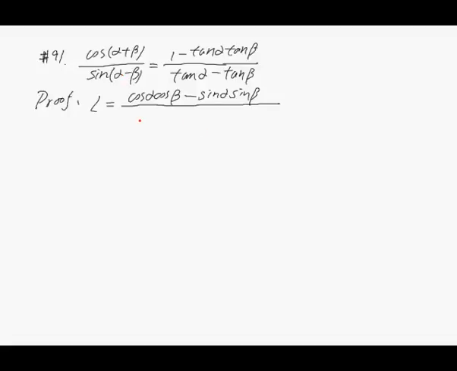And the denominator, this is sine alpha cosine beta minus the cosine alpha sine beta. And to get the tangents, we just divide both the numerator and denominator by cosine alpha and cosine beta. So this is like we derive the identity for the tangent of a sum.